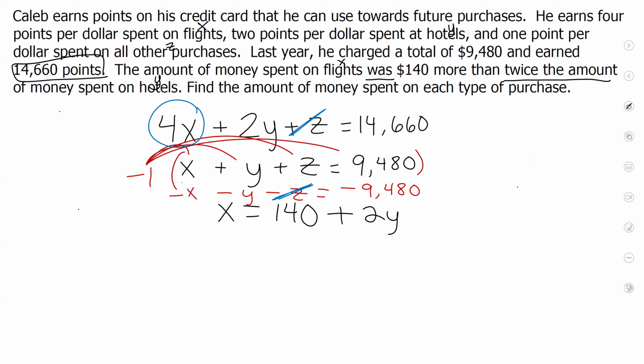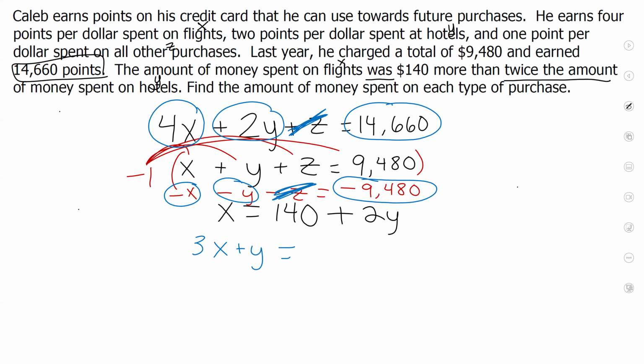4X minus X is what? 3X. 2Y minus Y is what? Positive Y. The Z's are gone. And then what is this? 14,660 minus 9,480. 5,180?